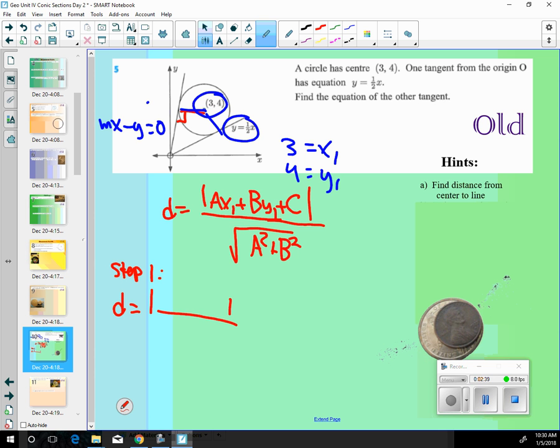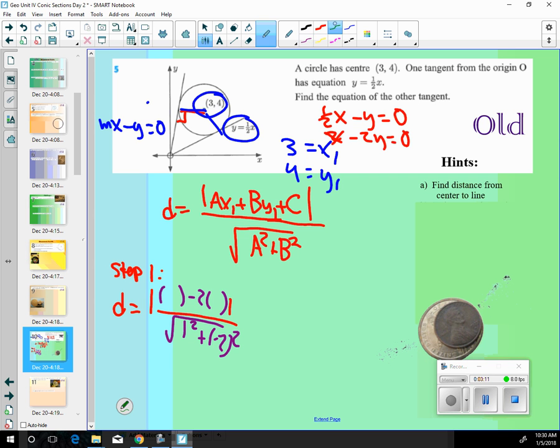Now we do need a formula for this, which is going to be 1/2 x minus y equals 0, which simplified is just x minus 2y equals 0. So x minus 2y plus 0, because there's no constant there, over the square root of 1 squared plus negative 2 squared.